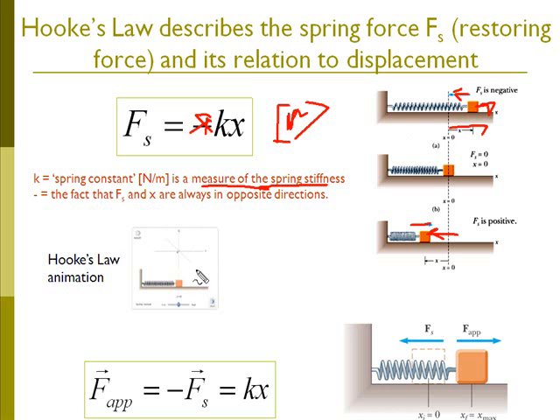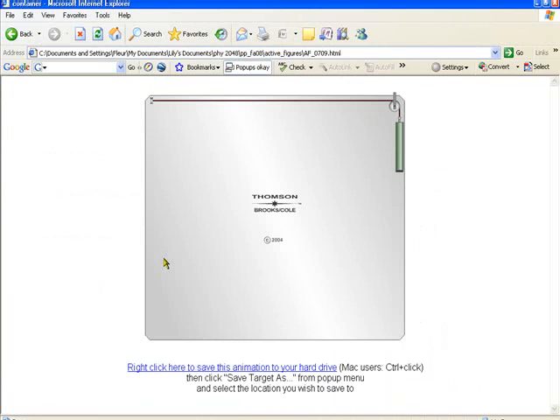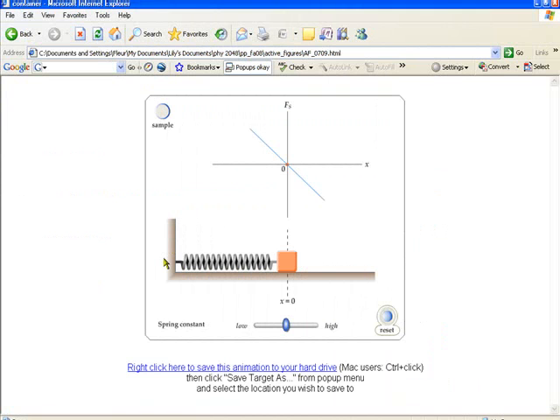Here is an animation of Hooke's law. In this case, we see that for some mid-range value of the spring constant, we are going to pull the spring to the right and observe how the restoring force changes direction according to whether the spring has overshot its equilibrium position or is compressed below its equilibrium position.